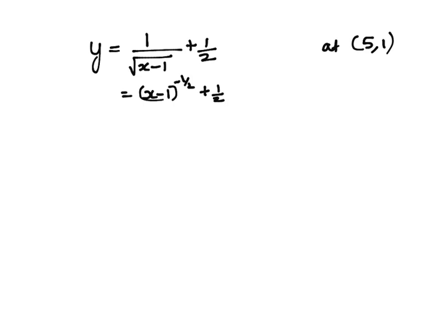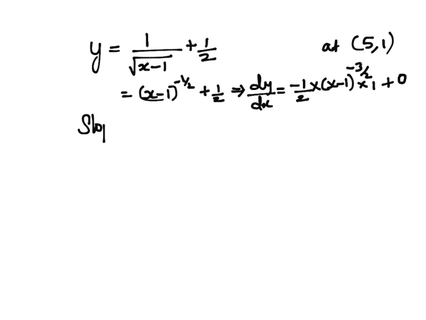Okay, so dy by dx is nothing but minus 1 by 2 into x minus 1 power raised to minus 3 by 2 into 1, which is the derivative of this x minus 1, plus 0. Okay, fine. So what will be the slope of tangent then?